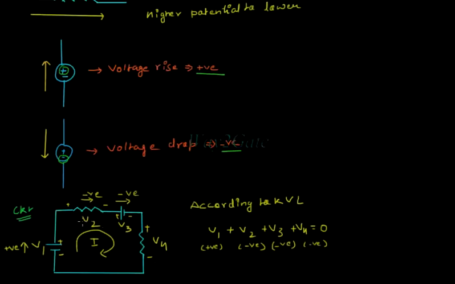As can be seen, there is voltage rise across V1 and voltage drop across V2, V3 and V4.